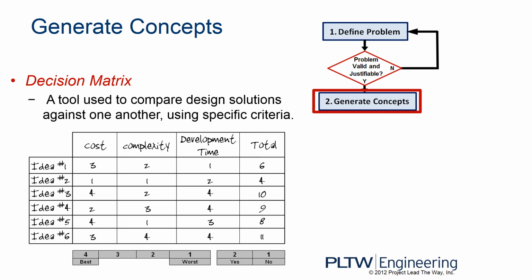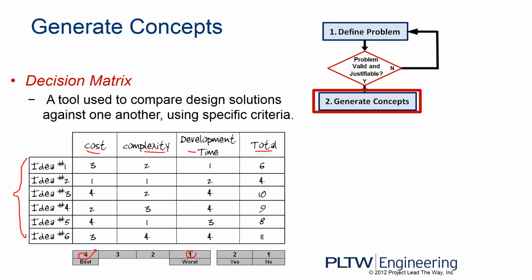Across the top, we have cost, complexity, development time, and then we have a total. And then we have 6 ideas over here. Those 6 ideas are being ranked against one another. We have said at the bottom that 4 is the best and 1 is the worst. So we look at cost. The easiest way to think of this is look at all 6 designs.